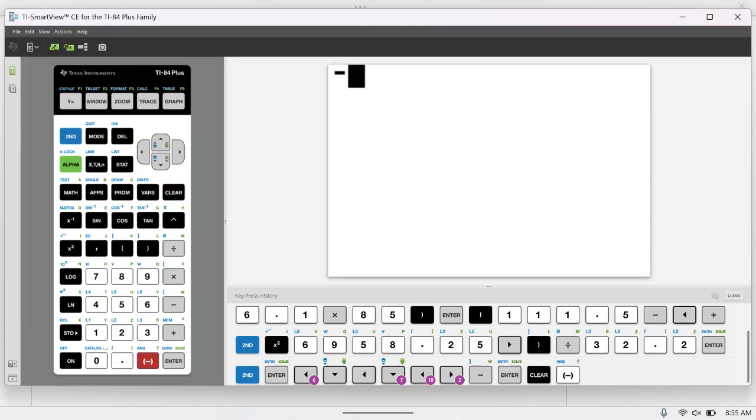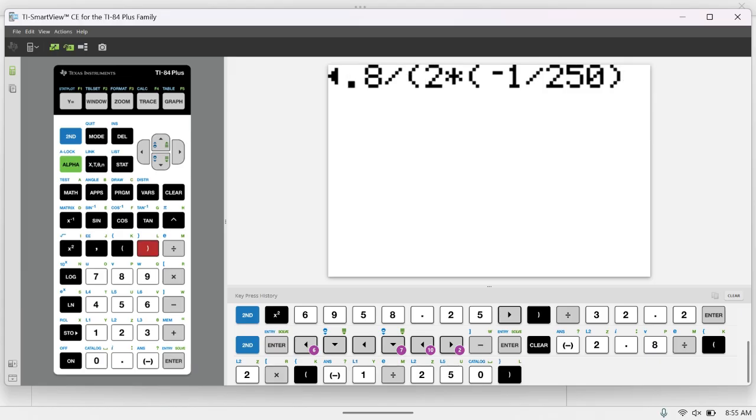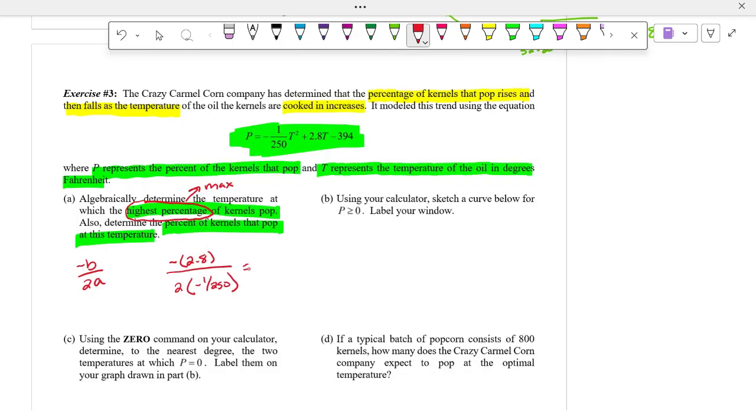I'm going to do negative 2.8 divided by, and I'm going to put this in parentheses, 2 times, more parentheses, negative 1 divided by 250. I'm going to close the parentheses twice. Yep, so 350. That's equal to 350 degrees. So that's the temperature of the oil.